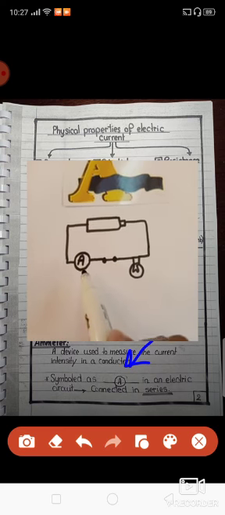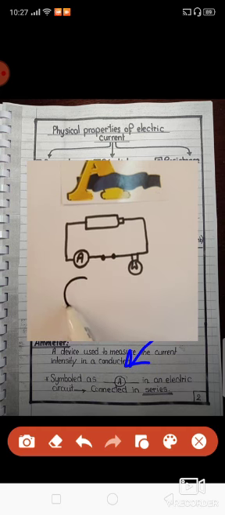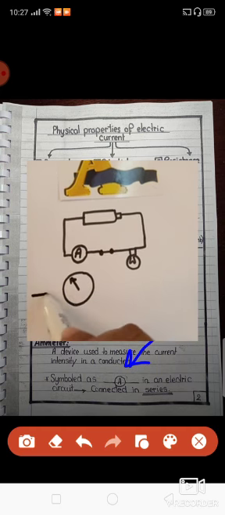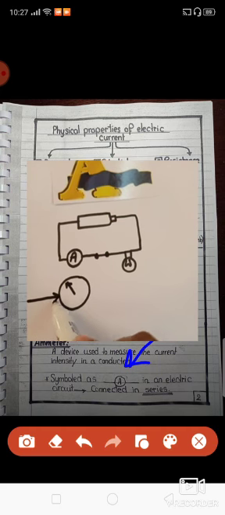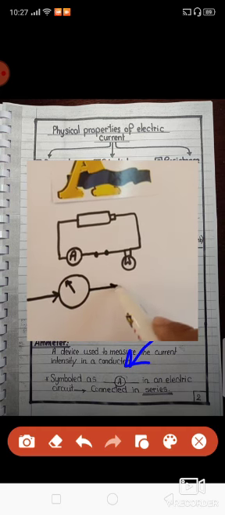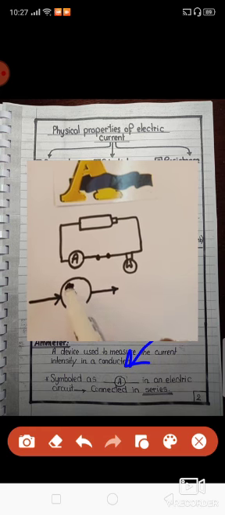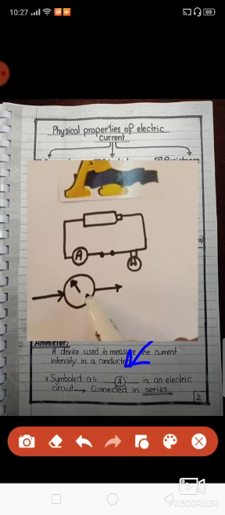The ammeter is like this, and it has a pointer. The electricity comes in from here and goes out from here, and this pointer tells me the electric current intensity passing through this wire. This is simple.